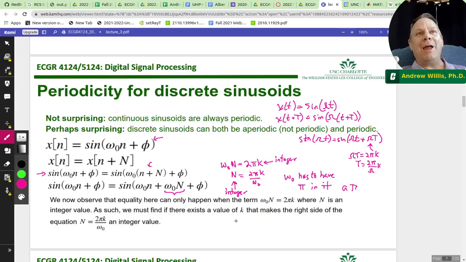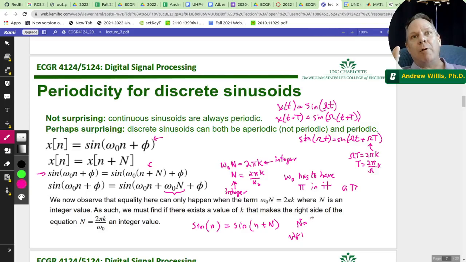What does this imply about, let's say, x of n equals sine of n? That has to be equal to sine of n plus capital N. So what's omega naught? Omega naught in this case is 1.